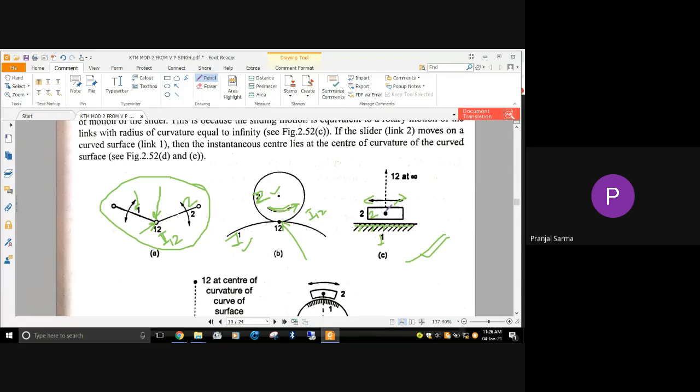For a sliding pair, the instantaneous center will lie at infinity. So we show it with a dotted line this way, and it is the instantaneous center between 1 and 2, I1 2 at infinity. You can show it with an arrowhead; you cannot draw up to infinity, so it is up to infinity.